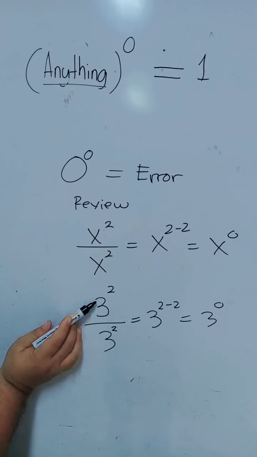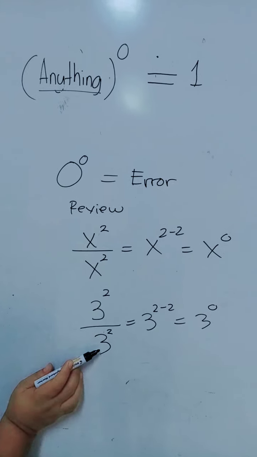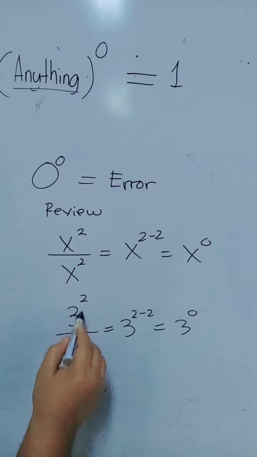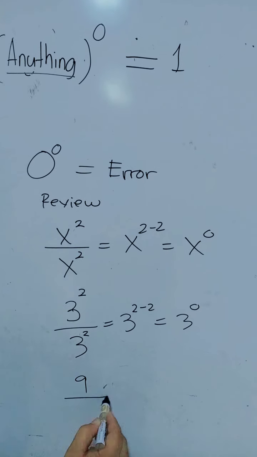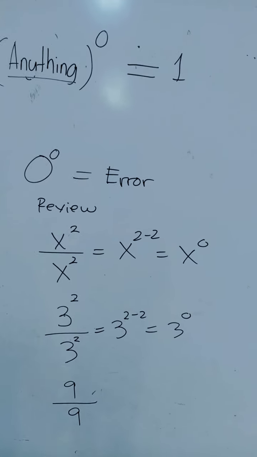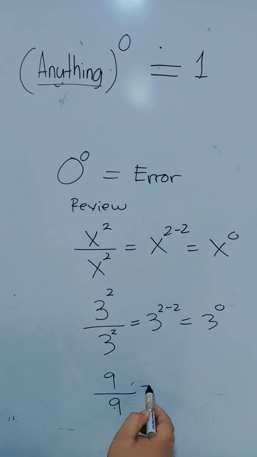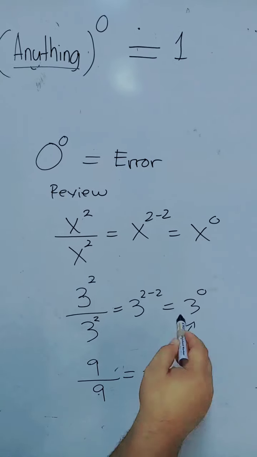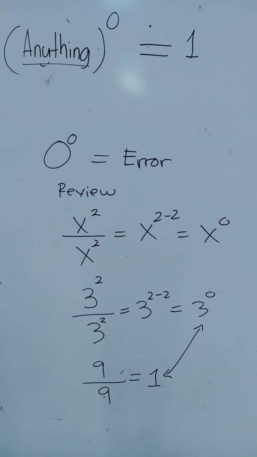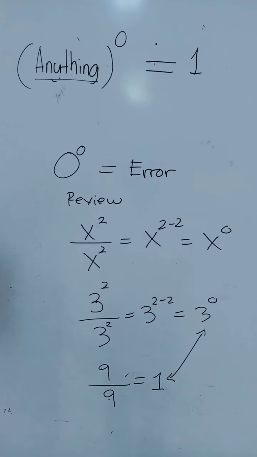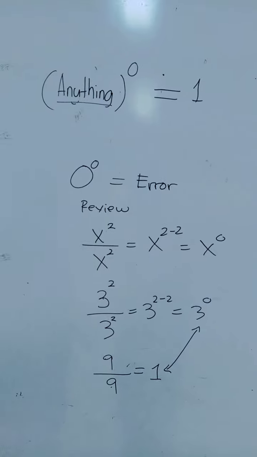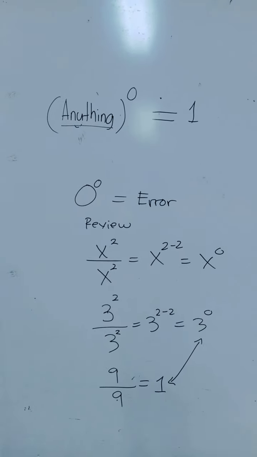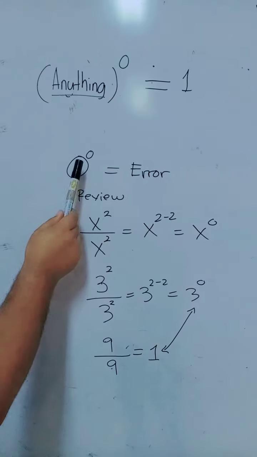Solve first the numerator, then the denominator. That is 3 to the power of 2, that is 9, and also 3 to the power of 2, same thing, 9. And we know that 9 over 9 is equal to 1. Okay, for this explanation, I agree. But as I told you, I disagree with this expression. Okay, let me explain.